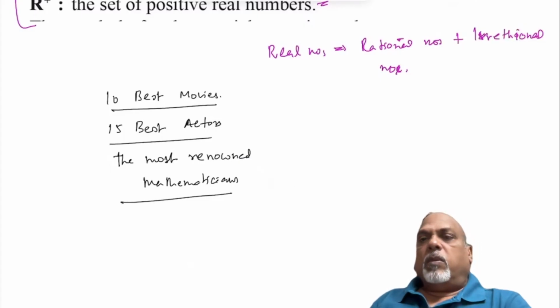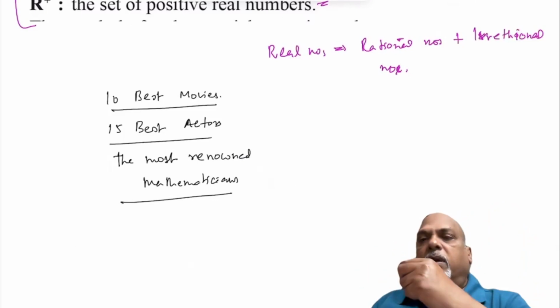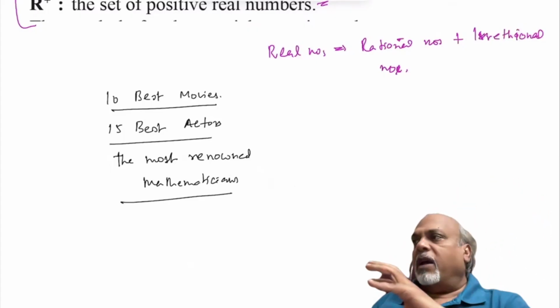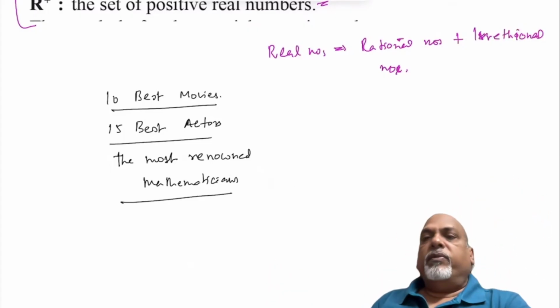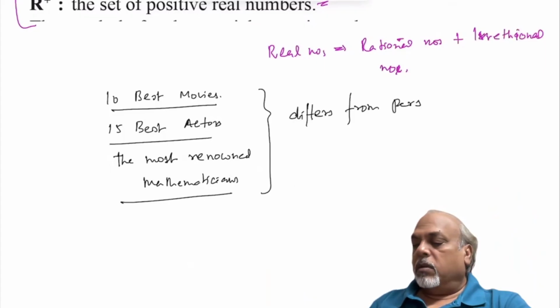Now, for me, there may be some 10 best movies which may not be for the other people. Suppose Ram says, these are my 10 best movies, but Sham says, no, these are my 10 best movies. So, particularly if you see, it differs from person to person.